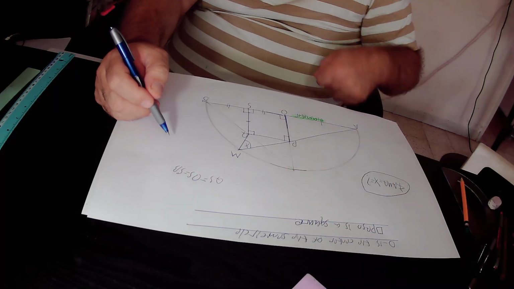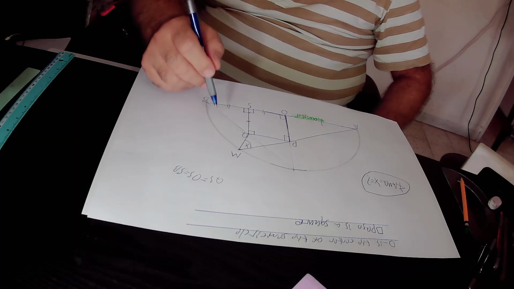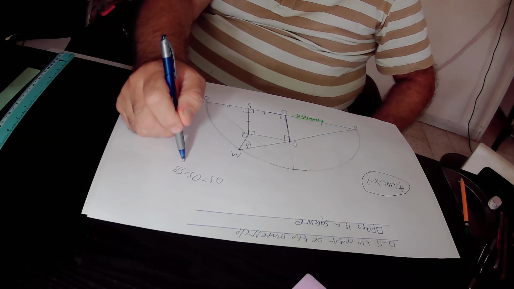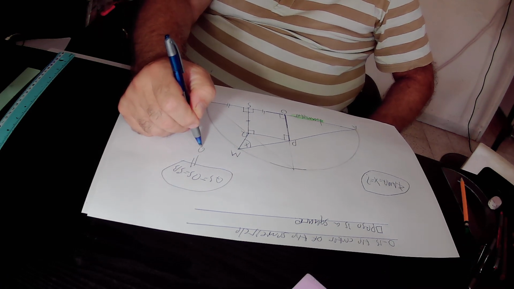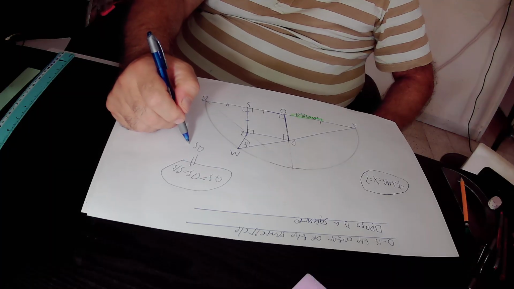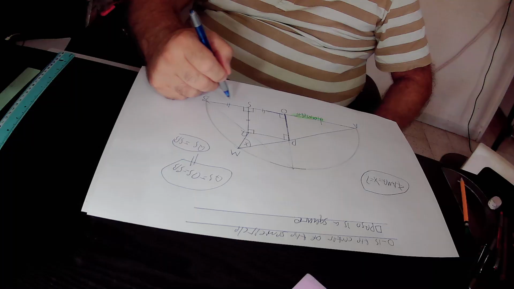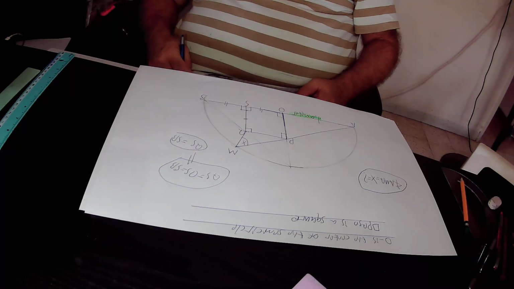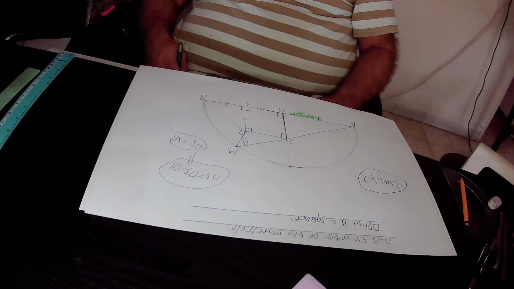But it is given in the question that OS equals to SB. And from this equation, QS equals to OS equals to SB, we will derive that QS equals to SB.